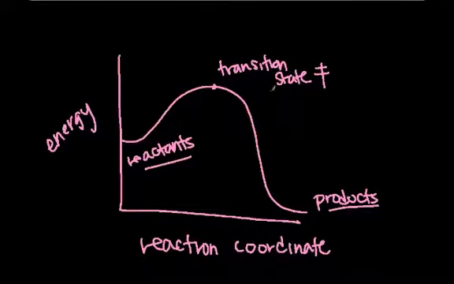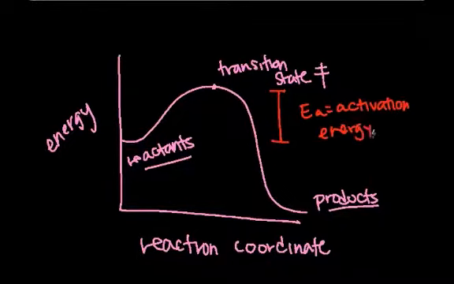In order to get to the products, reactants have to overcome this energy barrier, which is called the activation energy. The change in energy of the reaction is this quantity.